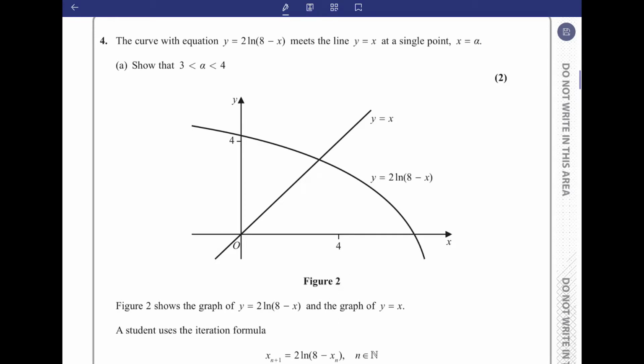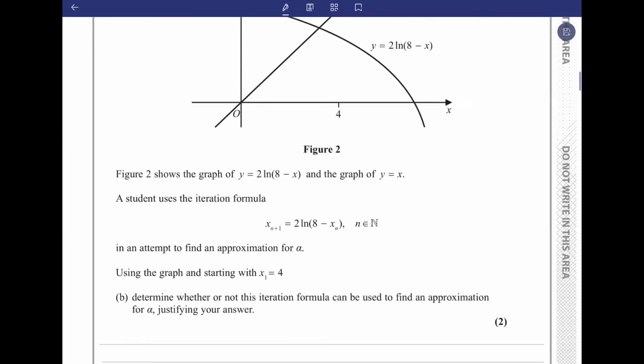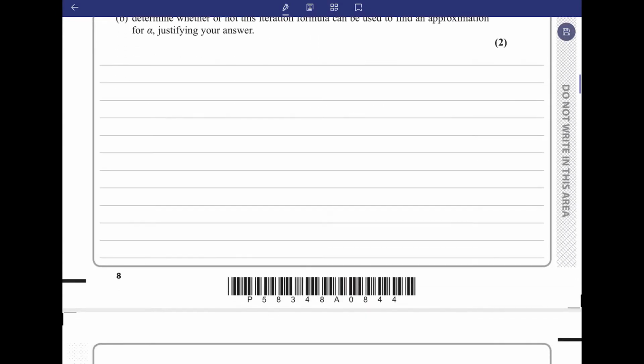Sorry about that. So what I mean by that is, we have the curve 2 natural log of 8 minus x, and we have y equals x.